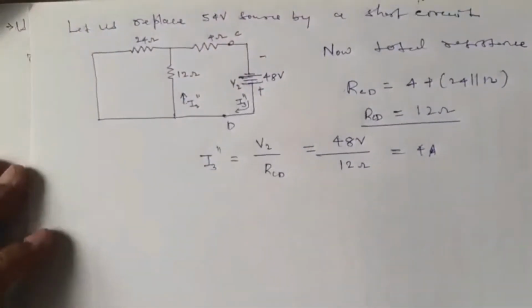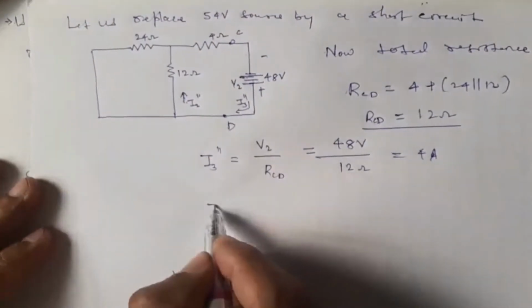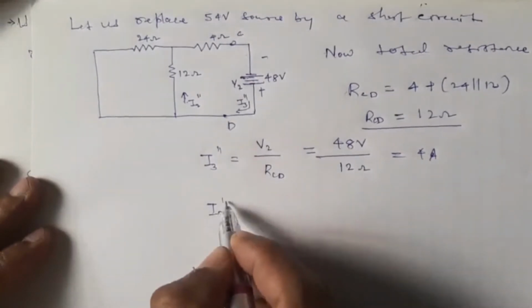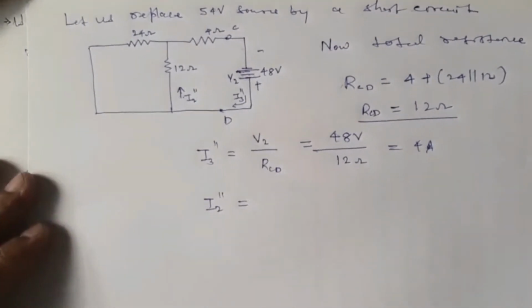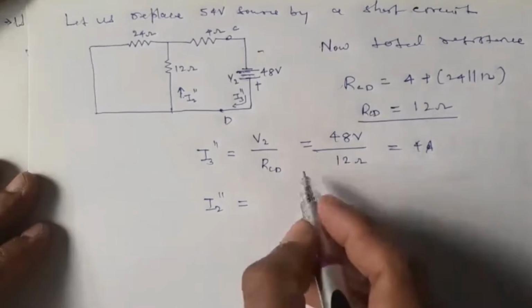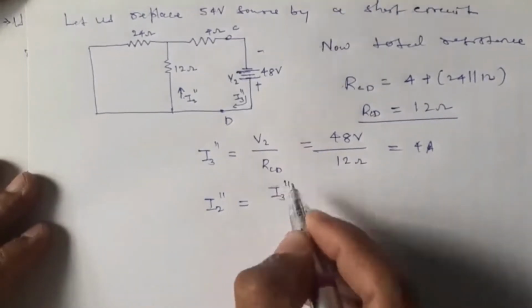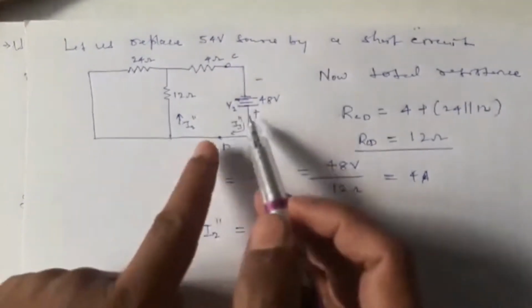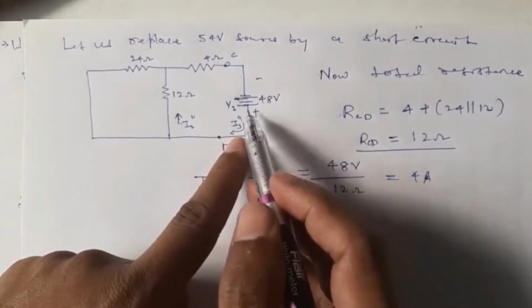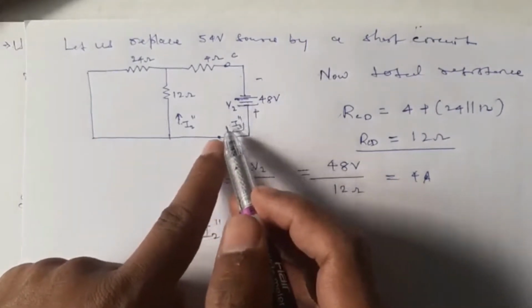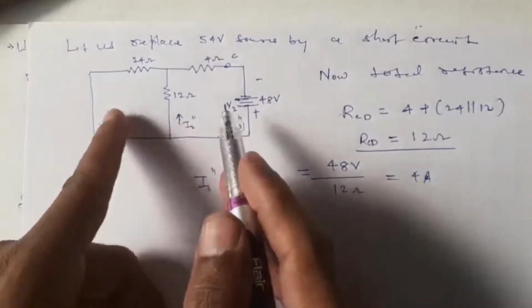Now using the current division rule, because we want to find I2 double dash, I2 double dash is the main current I3 double dash into the resistance of the other branch. Dear students, whatever the current is, it will divide between this branch and this branch.